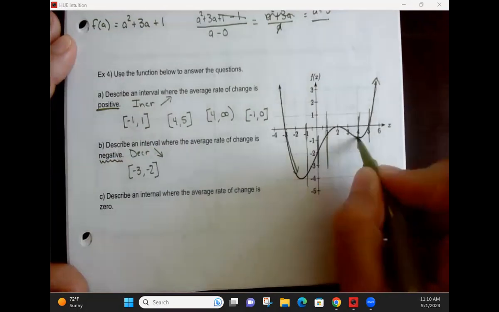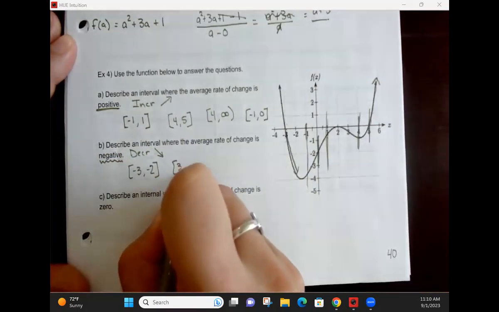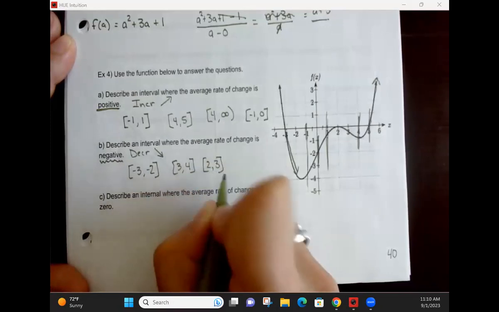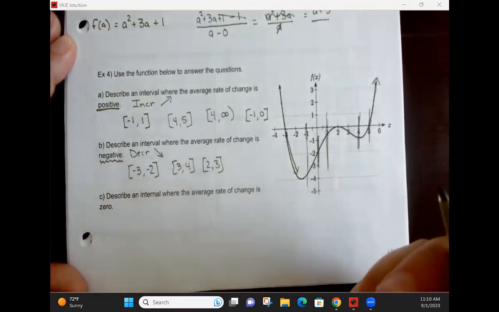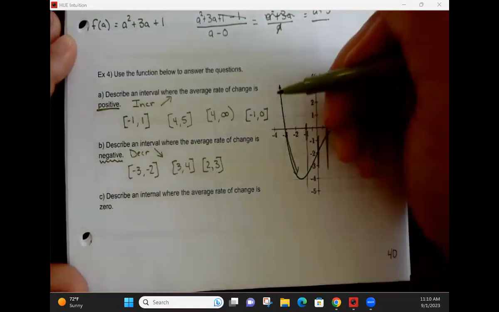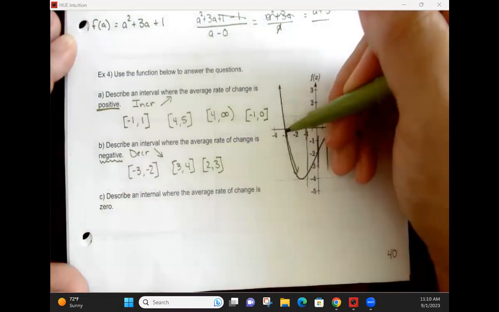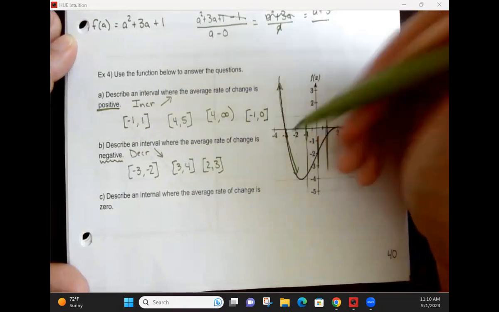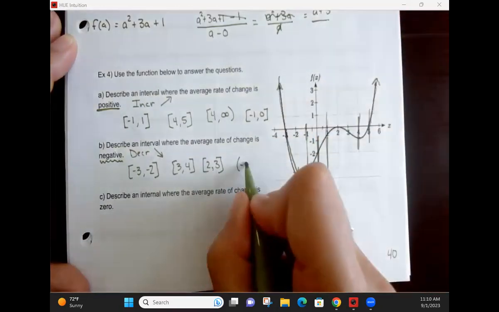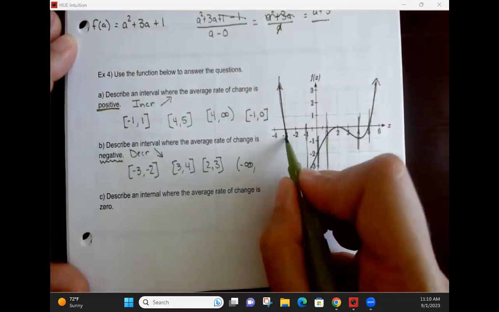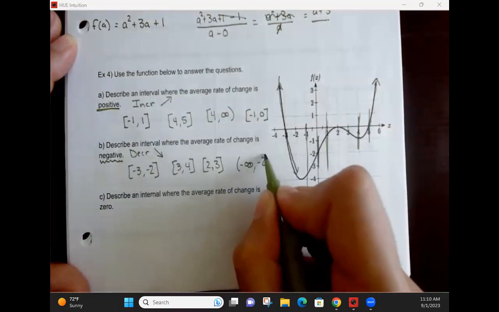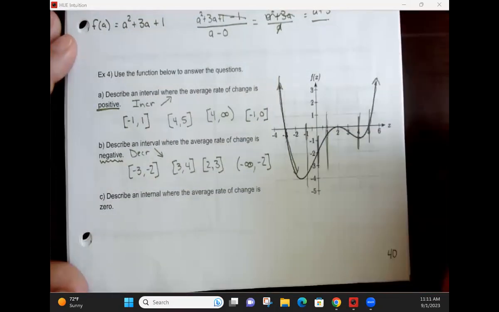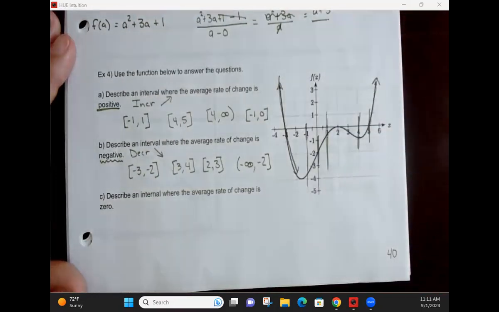So from 3 to 4, from 2 to 3, jot these down. I could also say, so we said from -3 to -2, but since we're decreasing the whole way, we could also say from negative infinity until 3 or even -2. As long as I'm looking at a section where we're decreasing.